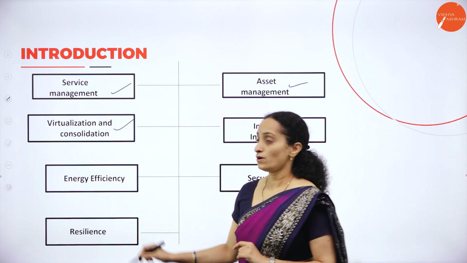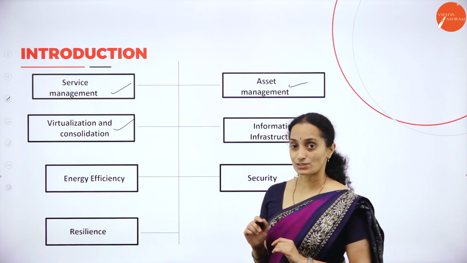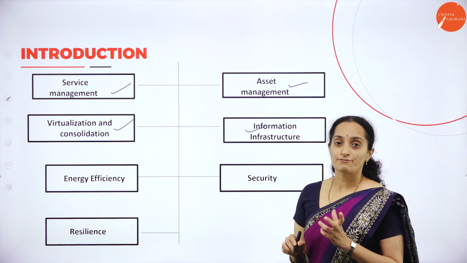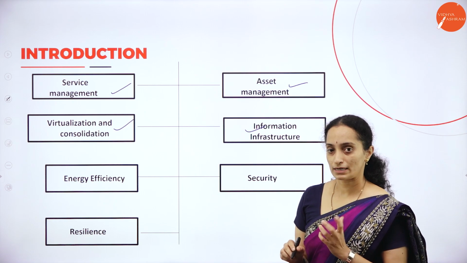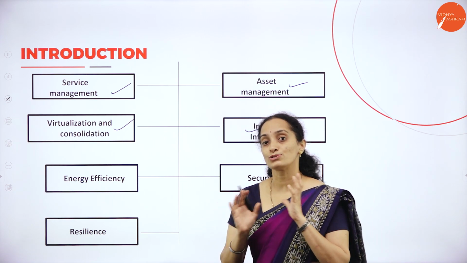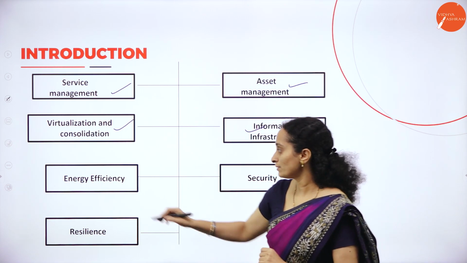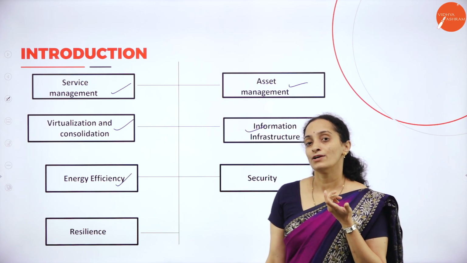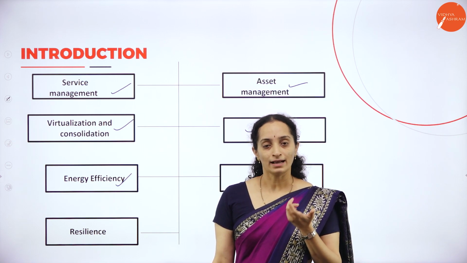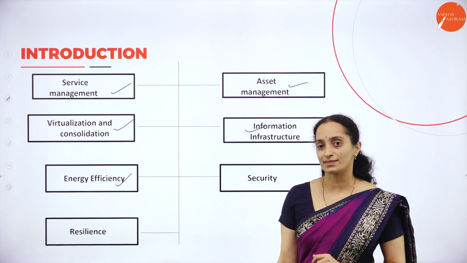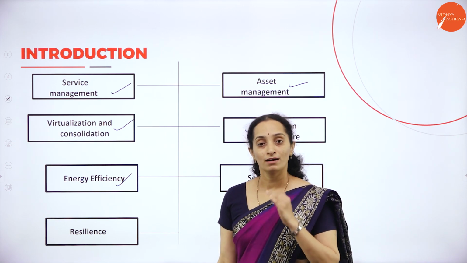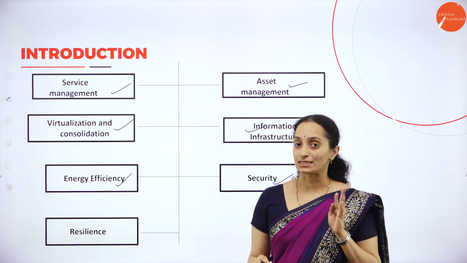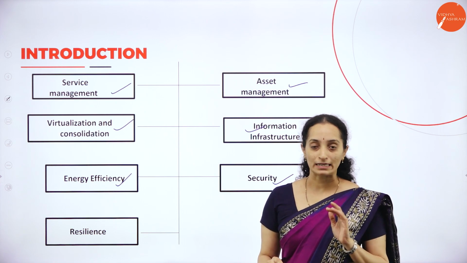Apart from that, virtualization and consolidation of the data, information infrastructure, how you collect the information and how you store that information in the cloud, energy efficiency, how efficiently you are using the energy as well as preserving the energy according to the workload. Then security, you need to increase the security if workload increases.